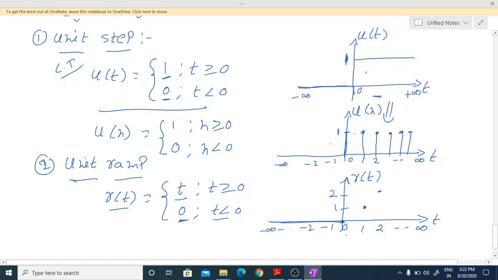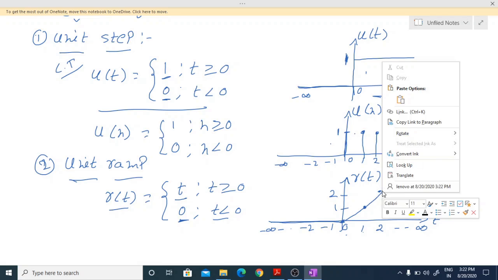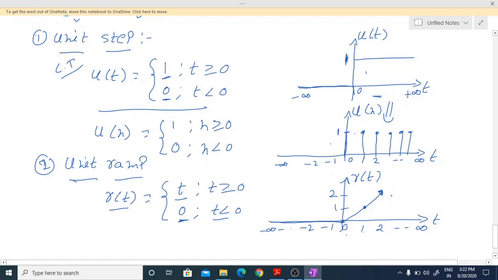And now the r of t is a straight line from the origin, and this straight line ends at infinity.